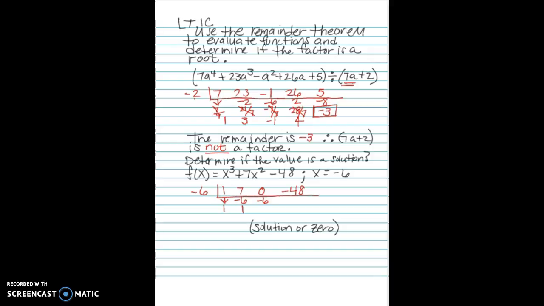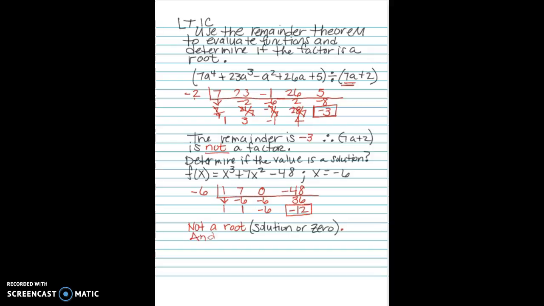Multiply again. Negative 6 times 1 is negative 6, and I add 0 plus negative 6 is negative 6. Multiply again. Negative 6 times negative 6 is 36, and one more time I add for a negative 12.